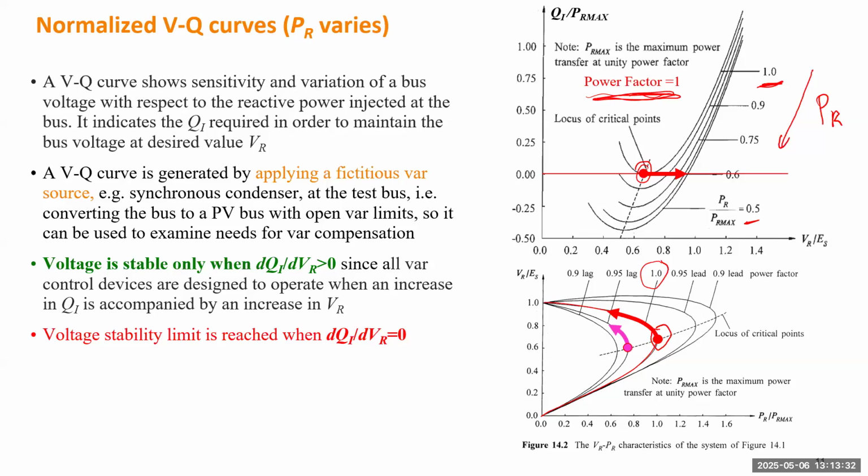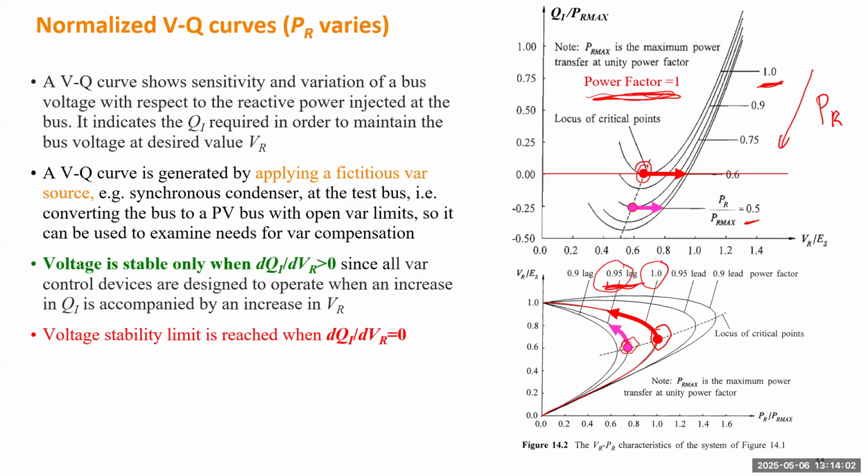Similarly, if you study another pivot curve with a 0.95 lagging power factor, starting from critical condition and moving to the left, that corresponds to this point. Why does it start from here? Because the second condition corresponds to a lagging power factor with additional reactive load at that bus.